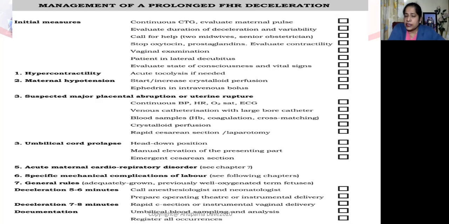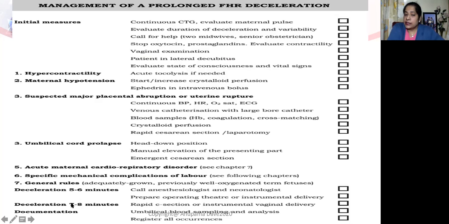The general rules, however, are: if we have an adequately grown, previously well oxygenated term fetus, and there is a deceleration that has lasted 5 to 6 minutes, then during that period, call an anesthesiologist and neonatologist to prepare the operation theater or consider instrumental vaginal delivery.